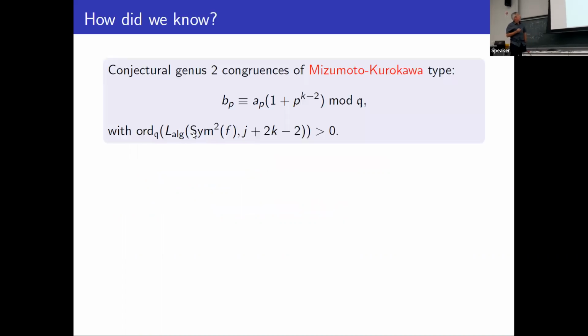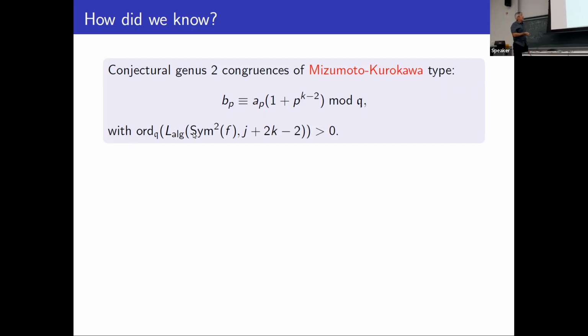And there are some conjectured congruences proposed by Mizumoto and Kurokawa that predict exactly that. So when there's some prime dividing this L value, we expect some congruence between eigenvalues of the Siegel modular form and the classical modular form.